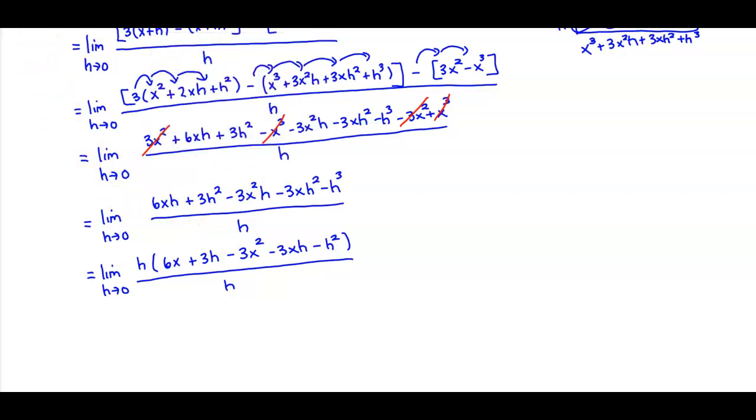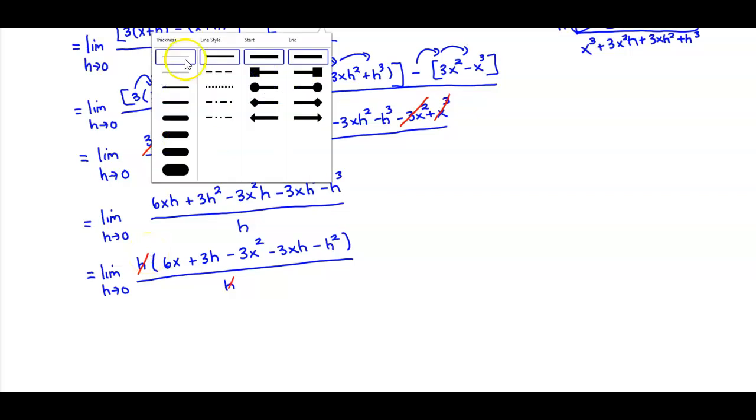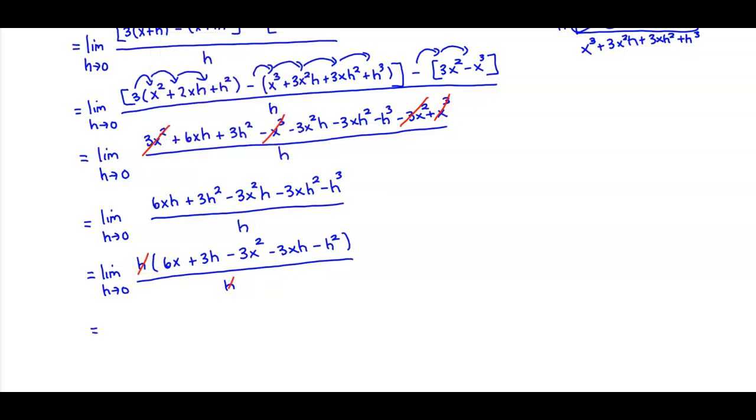And so now what we can do is we can simplify that h. And now we want to take the limit as h approaches 0 of the function 6x plus 3h minus 3x squared minus 3xh minus h squared.